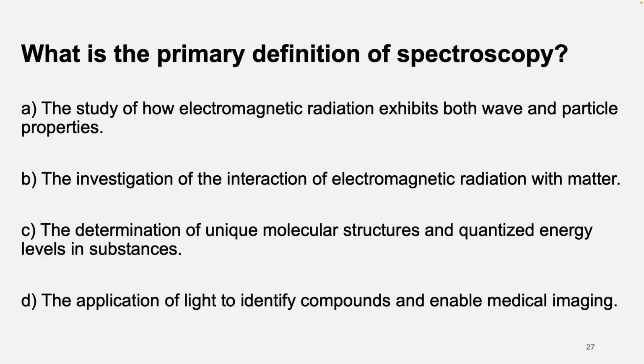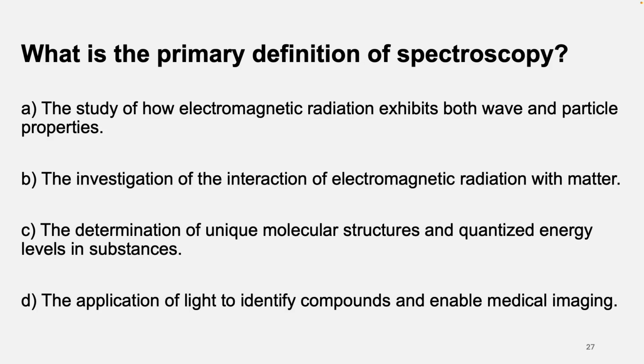Let's pause for a quick check of understanding. You can read the question, and for each question I will wait for a few seconds. You can pause this video and look for the answer, and then the answer will appear. What is the primary definition of spectroscopy?